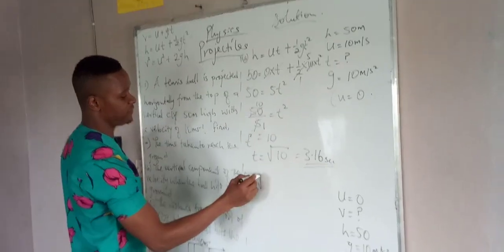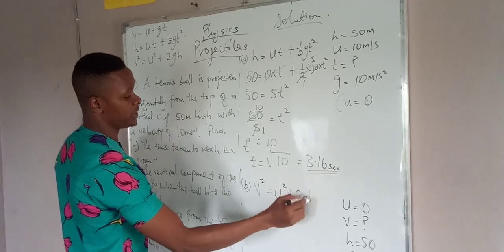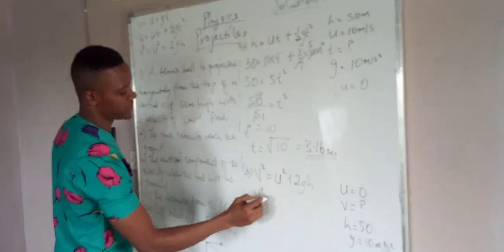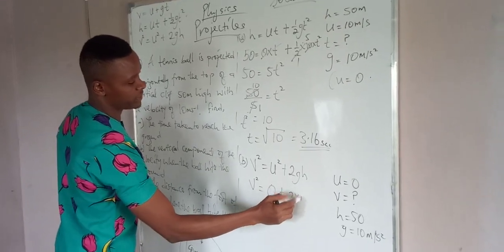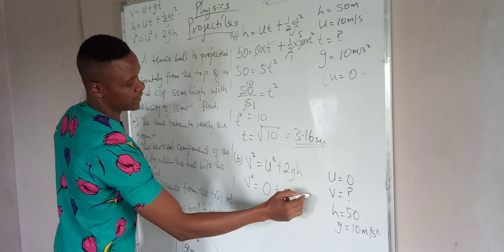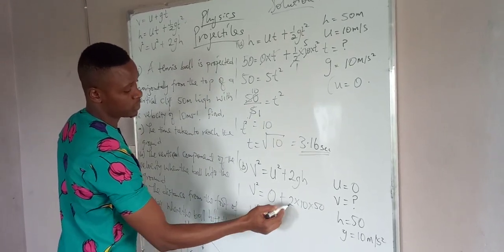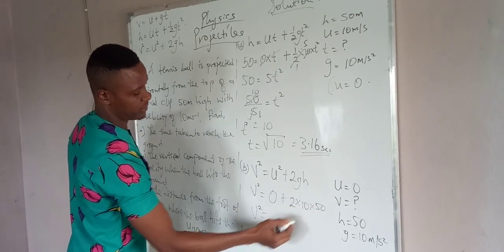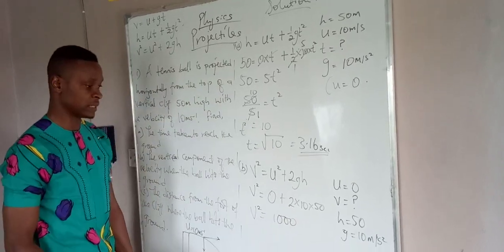So we have it that V squared is equal to U squared plus 2GH. If we go there, we have V squared equal to, recall U is 0, plus 2 times 10 times 50. So we have V squared equal to 2 times this will give us 1,000.